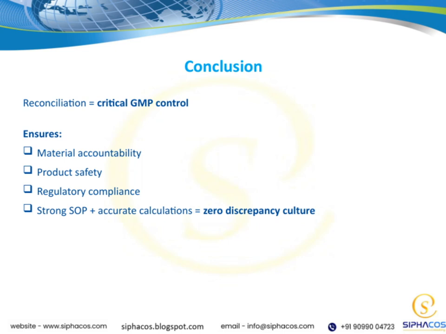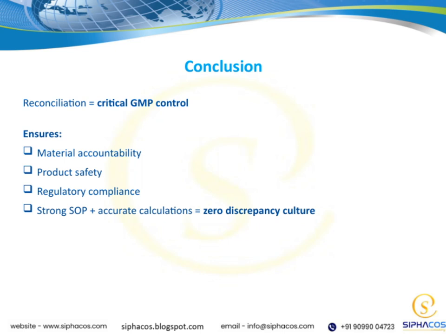Moreover, reconciliation helps us stay compliant with regulatory requirements, which is vital in our industry. To achieve this effectively, having strong standard operating procedures and precise calculations is essential. When these are in place and followed diligently, they foster a culture of zero discrepancies, where issues are caught early and corrected before they escalate.